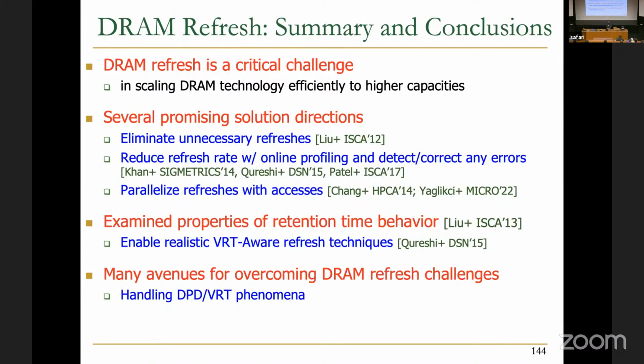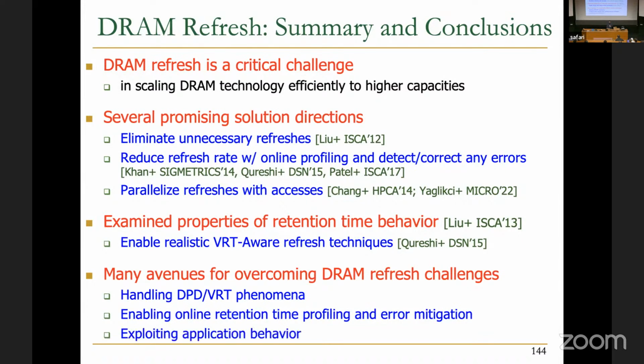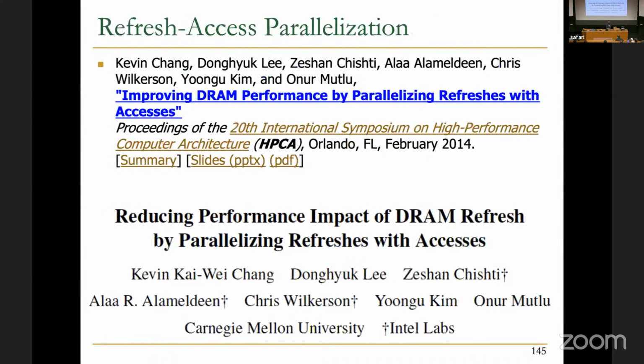You can still find handling data pattern dependence and VRT an active research problem. Enabling online retention time profiling and error mitigation is also important going forward. Exploiting application behavior is also important, of course.